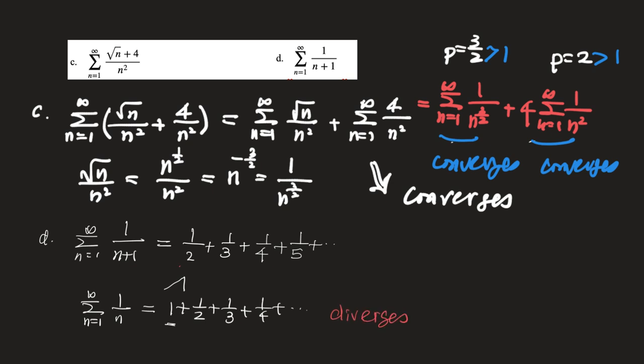But in this form, even if you add 1 or subtract 1, the other part should still diverge. A single term that is different doesn't impact convergence or divergence too much.